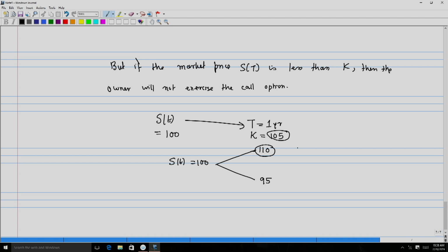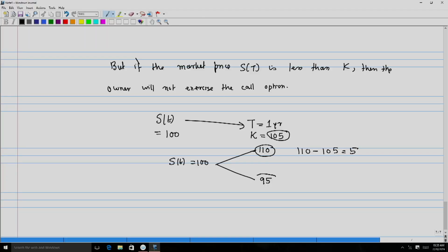So they are able to make a profit of 110 minus 105 equal to 5. Obviously, this is a beneficial situation for them. So they are going to exercise the option, pay 105 and immediately sell it in the market at the prevailing price of 110, thereby making an immediate profit of 5.